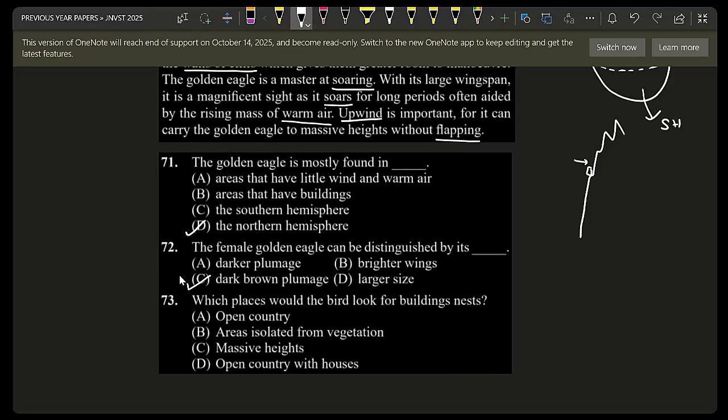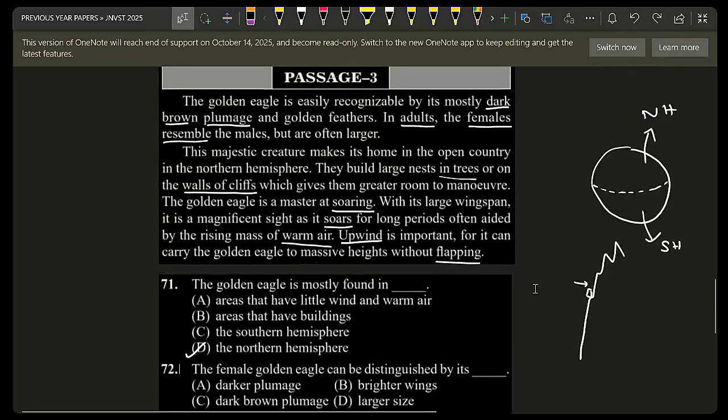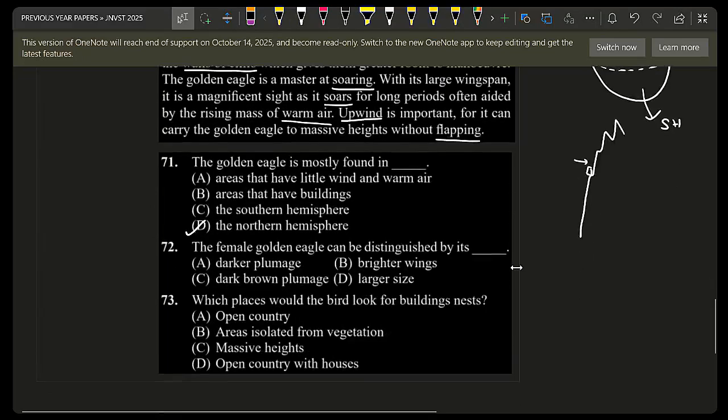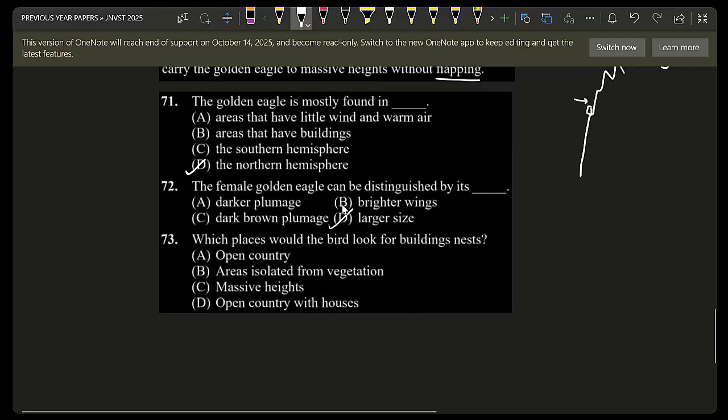Not dark brown plumage. They said the difference between genders: in adults, the females resemble the males but are often larger. That means the difference between female and male we can identify by the larger size, not by the dark brown plumage, which is actually for all the males and females together. So distinguishing can be done by the larger size.